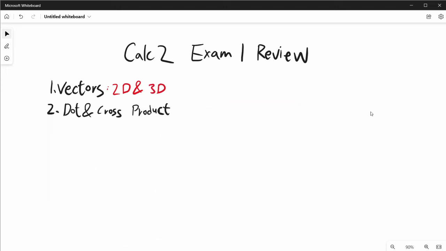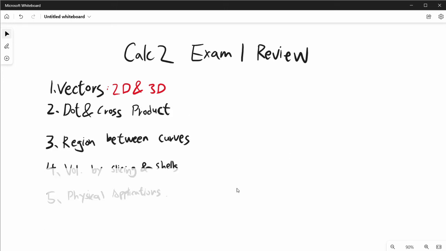Second, from vectors, we have dot product and cross product, which are ways to multiply vectors together, and what those mean, like how you get angles between two vectors, or what the cross product means for areas or volumes of the vectors, right?